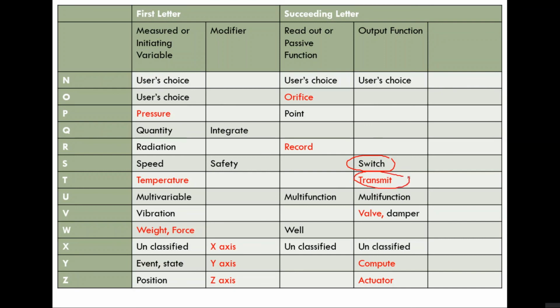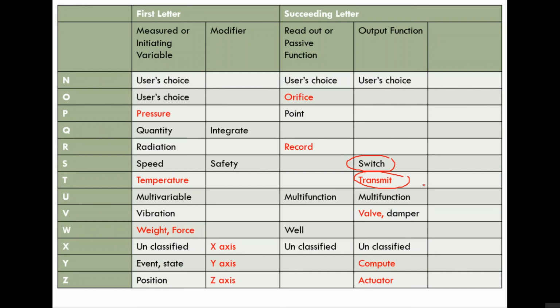Then T, a popular one, is transmitter. If you are transmitting level, LT for level transmitter. In the last class I told you we have a capacitor probe used to sense level, and that signal is given to a block known as a transmitter. What is the purpose of the level transmitter? Two purposes: first, it converts the sensed value to some current or pressure.